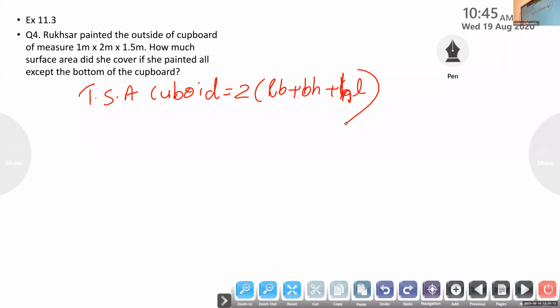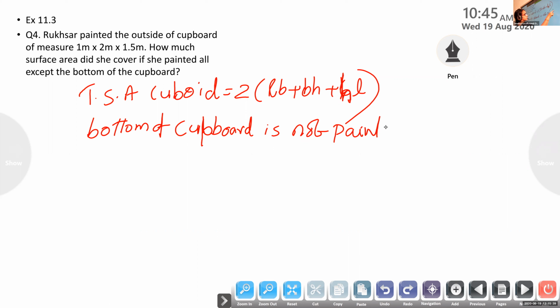So what will be the bottom? Bottom is not painted. The bottom of the cupboard is not painted.